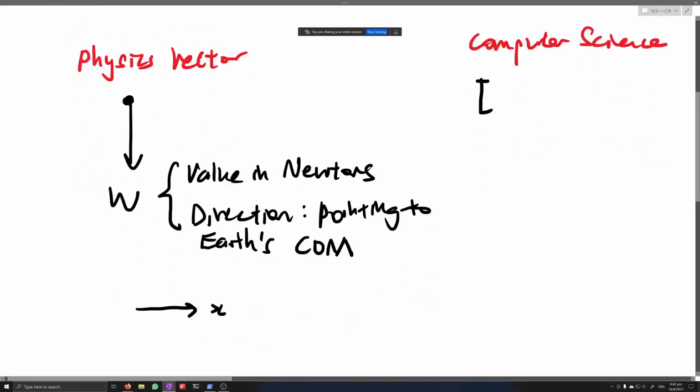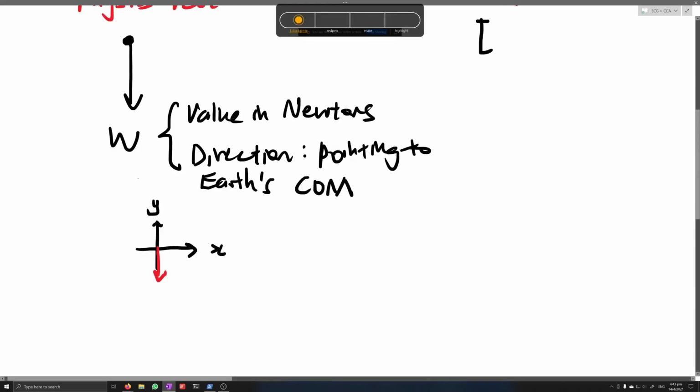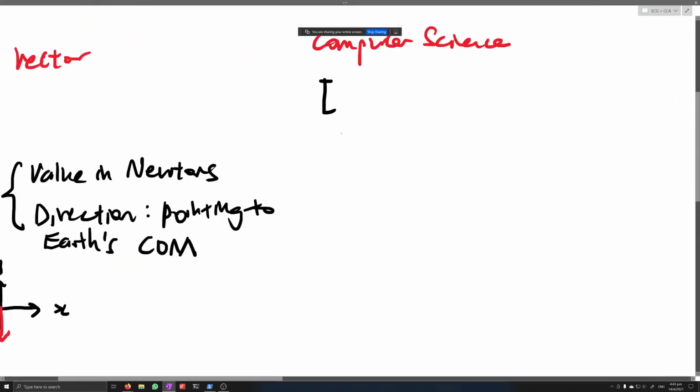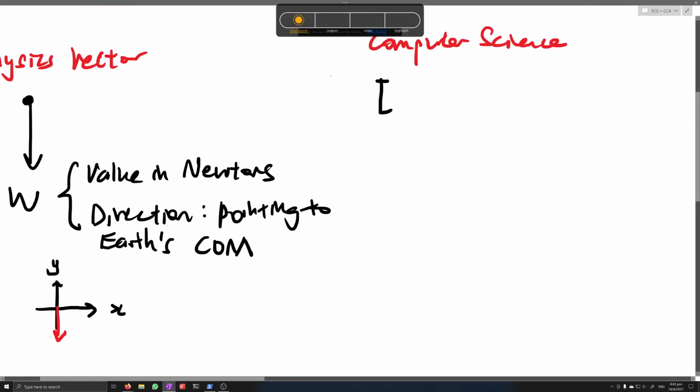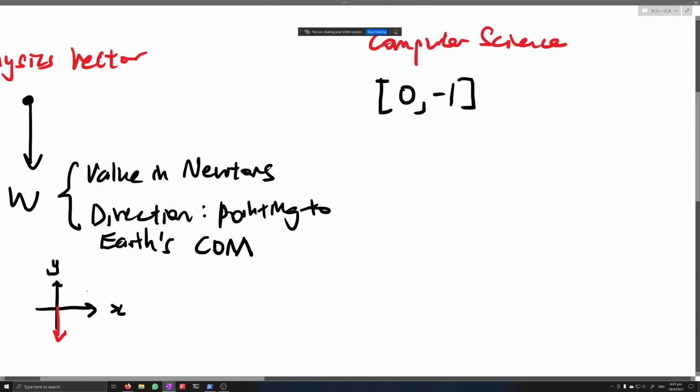Here is the positive x direction, and here is the positive y direction. Then we could model a vector that points downwards as going in the negative y direction. Therefore, the computer science student will probably model it as 0, -1, where 0 refers to your x value at the origin, and -1 meaning that your y value is -1.